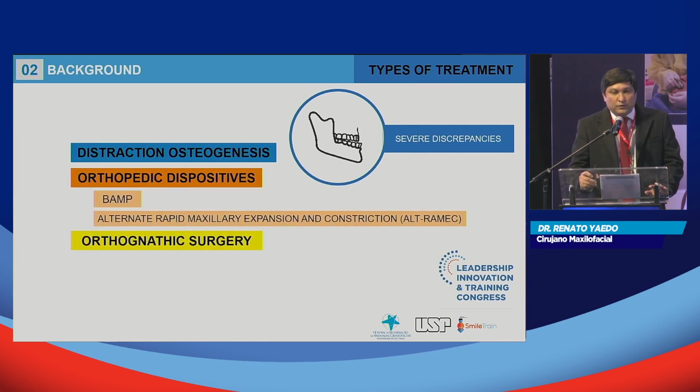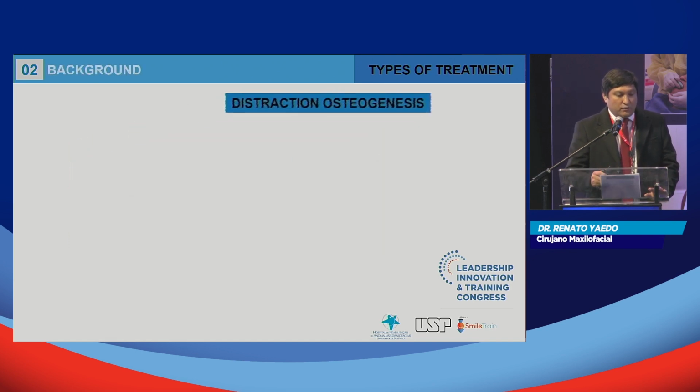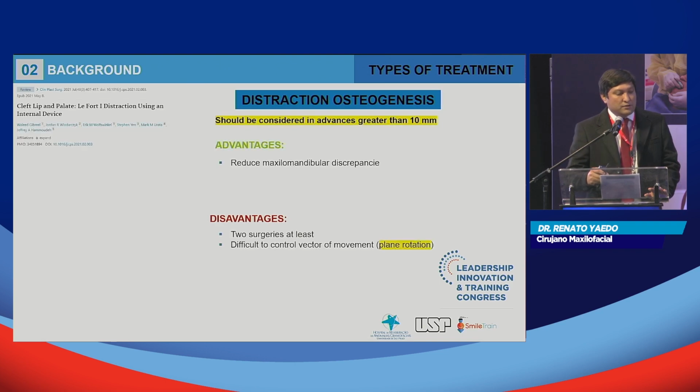In the literature, we have some options to do in this case, like distraction osteogenesis, orthopedic devices, bump and hammock, and orthognathic surgery. The distraction osteogenesis should be considered in advancement greater than 10 millimeters, and it's so difficult to control the planar rotations in all planes of the space.